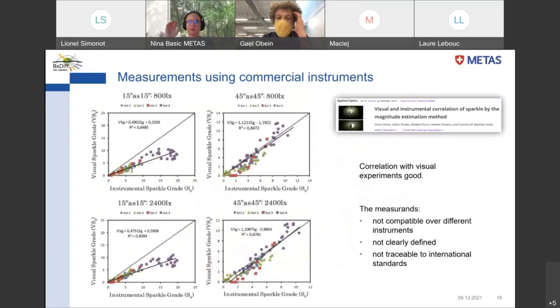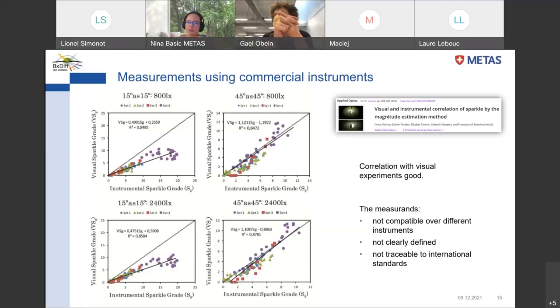All is good. There were also some studies on how well these sparkle grades compare with visual experiments, and it was found that it's pretty good. So that shouldn't be a problem. But what is a problem is that if you have instrument A, the grades are not compatible with the grades from instrument B, and that is quite a huge problem.